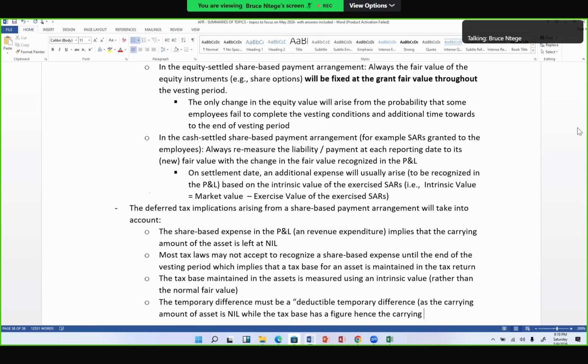I hope you remember those 4 tips. It must be somewhere in this document. I want to look for them so that you remember how I'm getting to a deductible temporary difference. Let me go somewhere at the start. It was in your first or second lecture session where we talked about IAS 12, and I gave you those 4 tips.